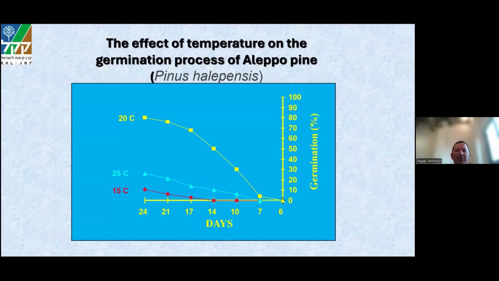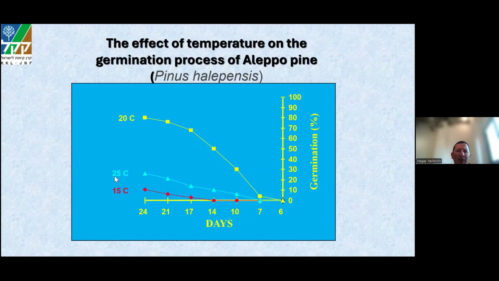This is an example of the effect of temperature on the germination process of Aleppo pine, or Pinus halepensis. You can see the days on the X axis and on the Y axis the germination percentage. You can see that if we germinate it at a low temperature of 15 degrees, the percentage of germination is very low.